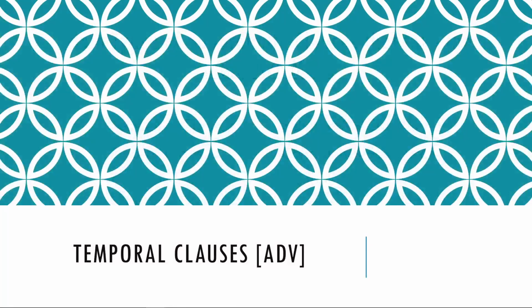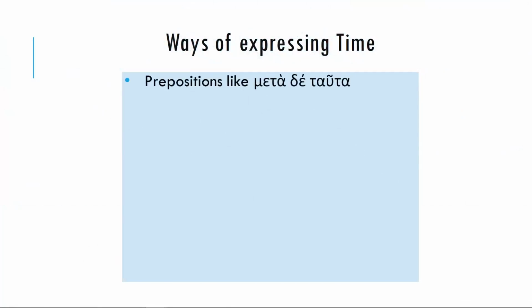So we'll begin with temporal clauses, which are by far the most common clauses in Greek and very, very easy to translate. And we've already talked about a lot of ways of expressing time. So you can use a preposition like meta tauta. You can use adverbs of time: now, then, afterwards.